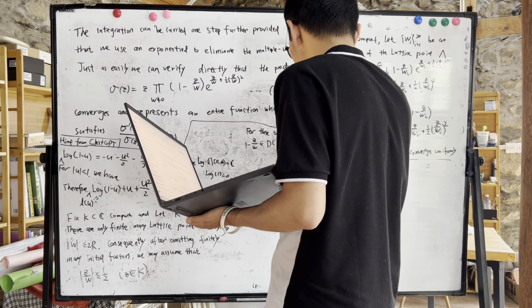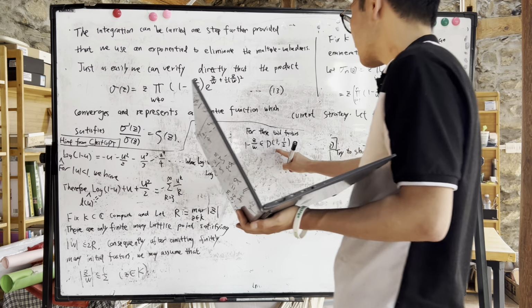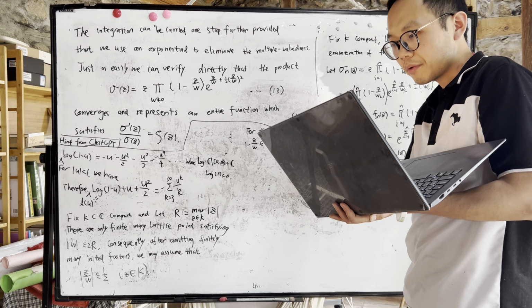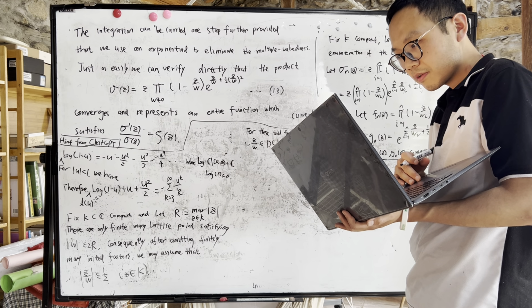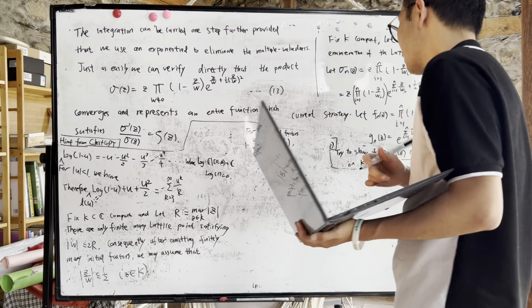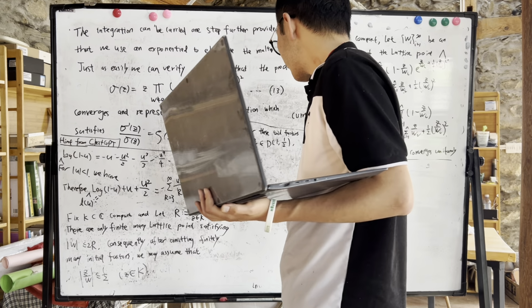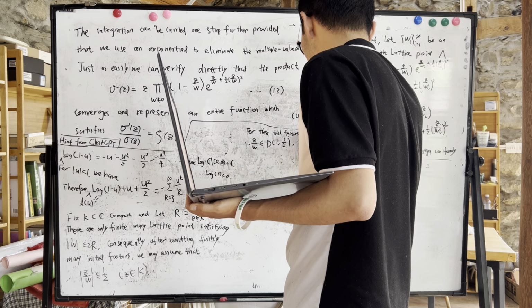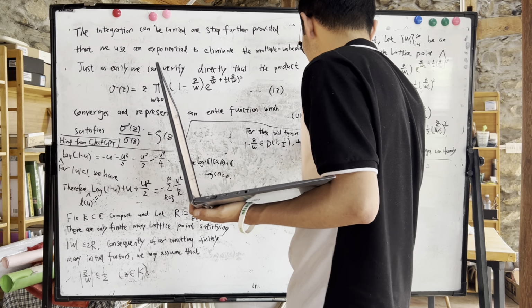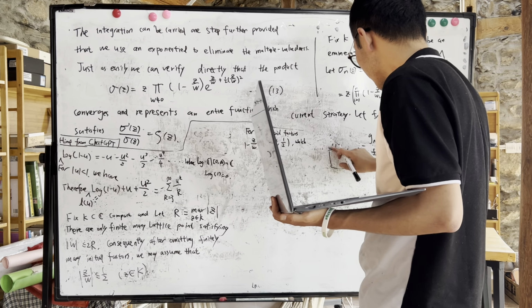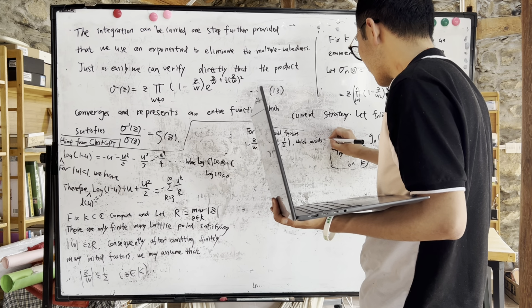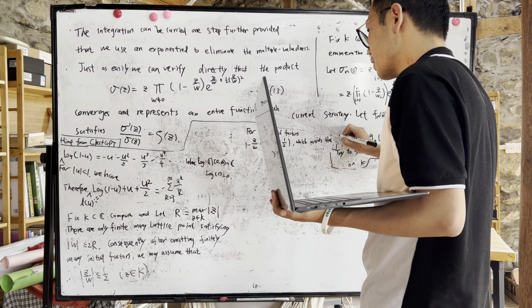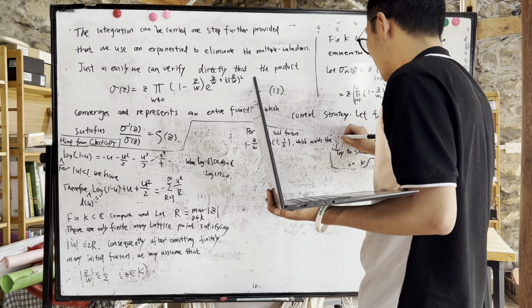And also this disk lies in the right half plane, right? So he is saying that we just use the principal branch, which avoids the negative ray.